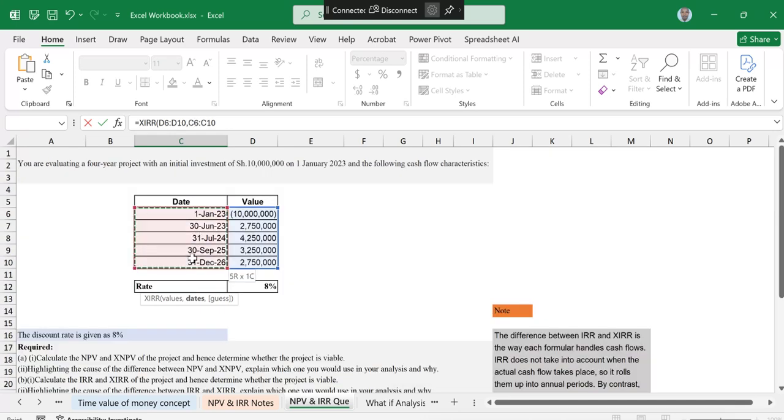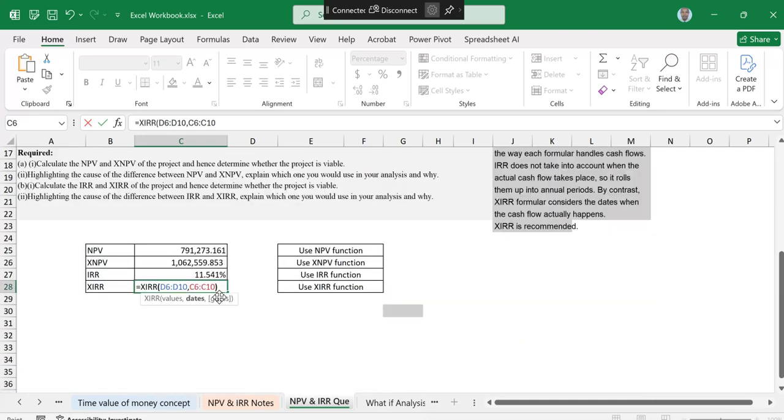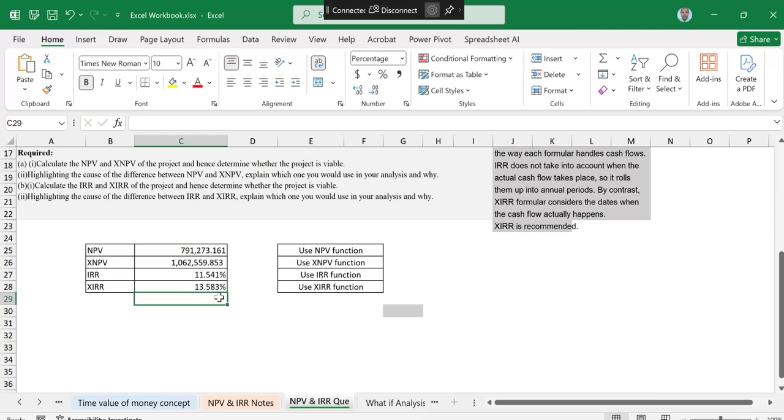All the values, then all the dates. Close the bracket and enter. That is XIRR, 13.583.